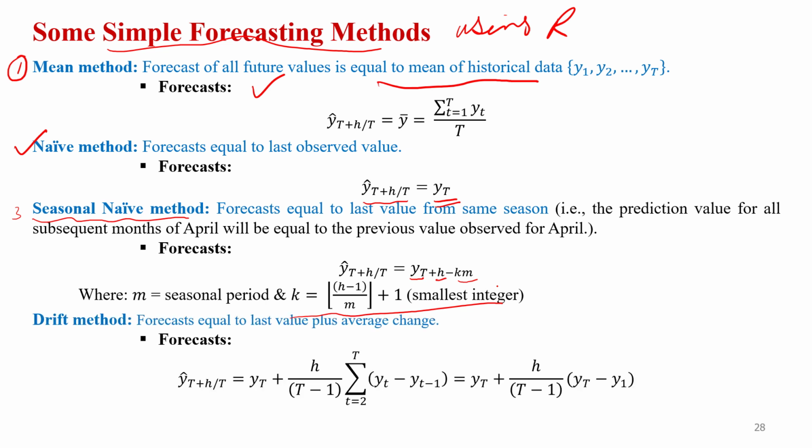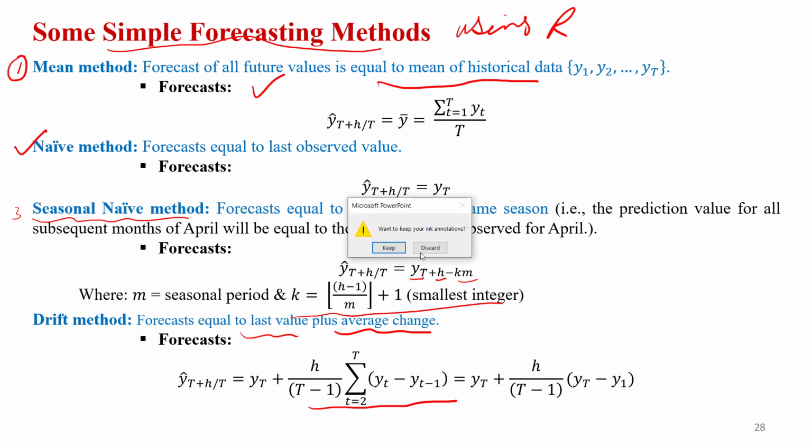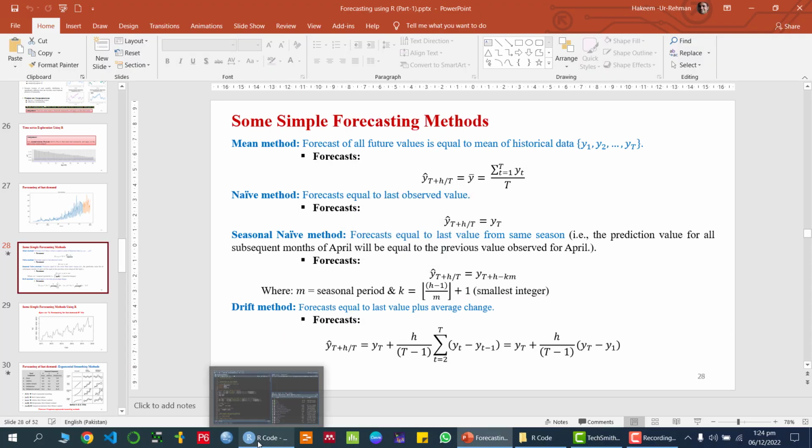Whereas in the drift method, the forecasted value is equal to the last value plus change over time. This is the change, or you can say drifting, which we are calculating. So let's apply these methods using R, and then we will also calculate the forecast errors as well.